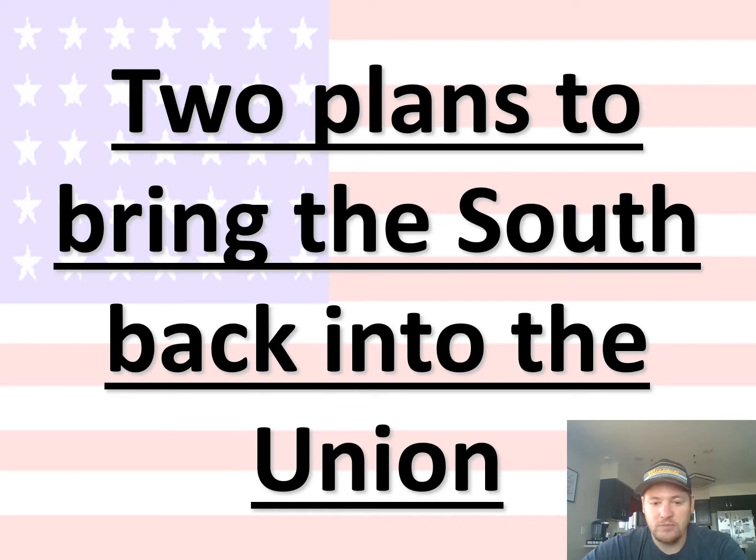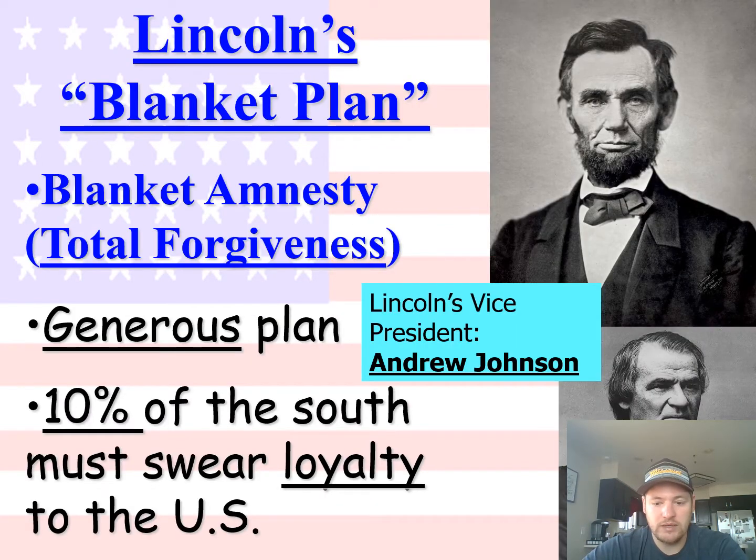To bring the South back into the Union, there are two different plans. One is Lincoln's blanket plan. Essentially, Abraham Lincoln just wanted to get the South back into the Union, so he wanted to forgive them with very little punishment. We consider this very generous. It was very easygoing. Each state in the South, only about 10% of their population would have to swear their loyalty to the United States.